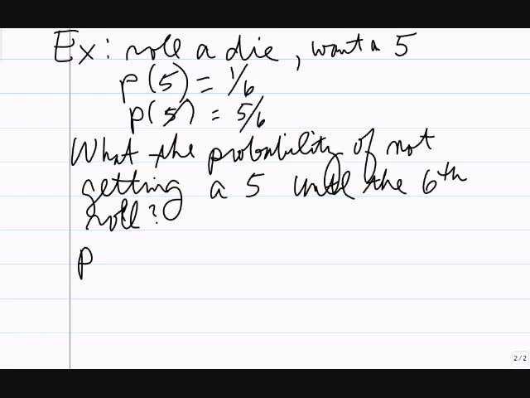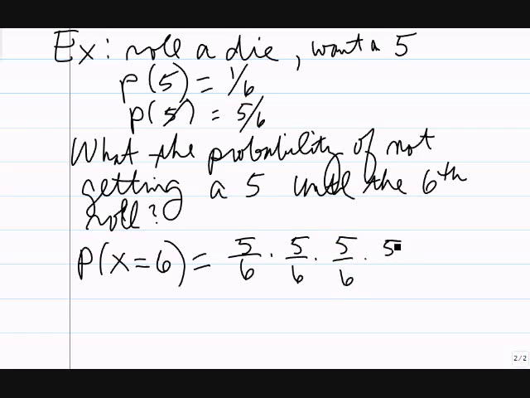So the probability that my success is on the 6th roll is failure on the first roll, failure on the 2nd, the 3rd, the 4th, the 5th, and then when I come to the 6th, I want my 5.